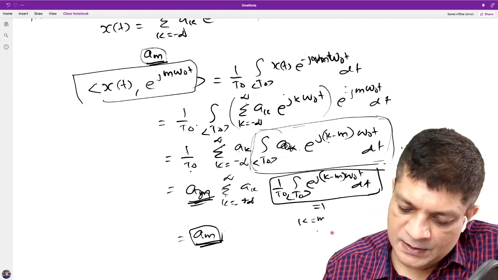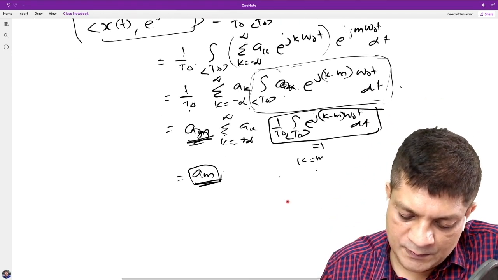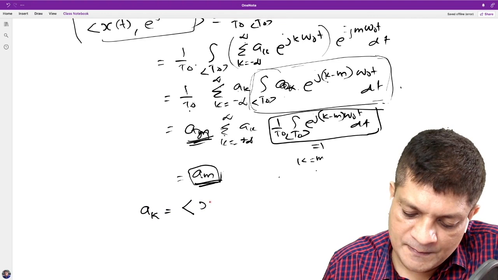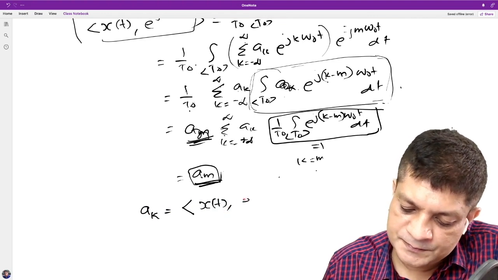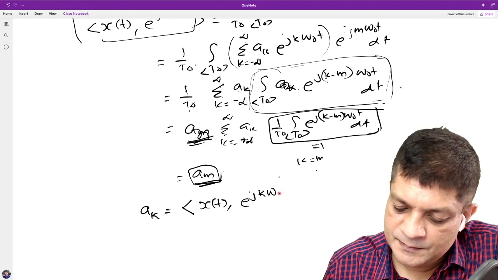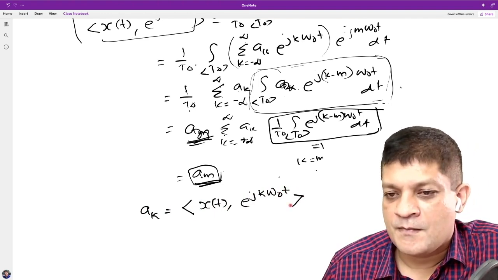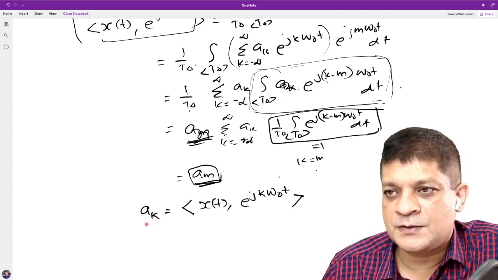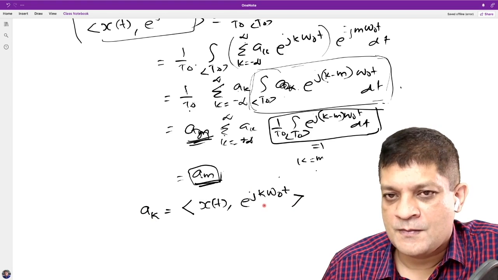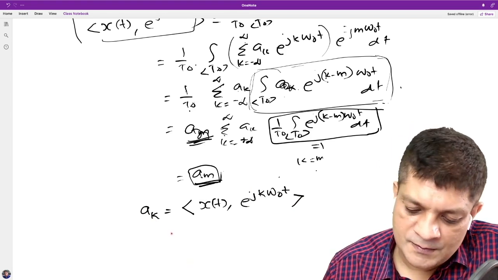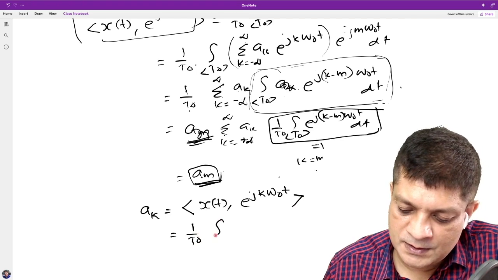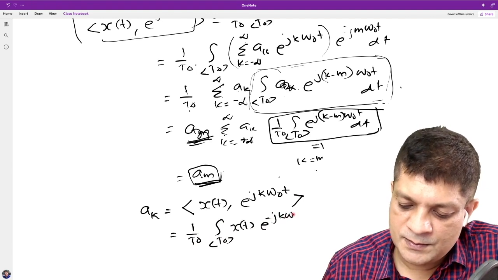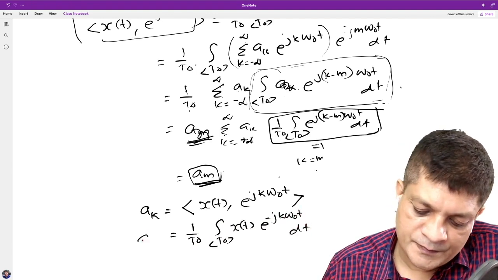So we can generalize this. If you want to find the kth Fourier series coefficient, what is the corresponding integral? It is 1 upon t naught integration over t naught of x(t) e to the power minus j k omega naught t dt.